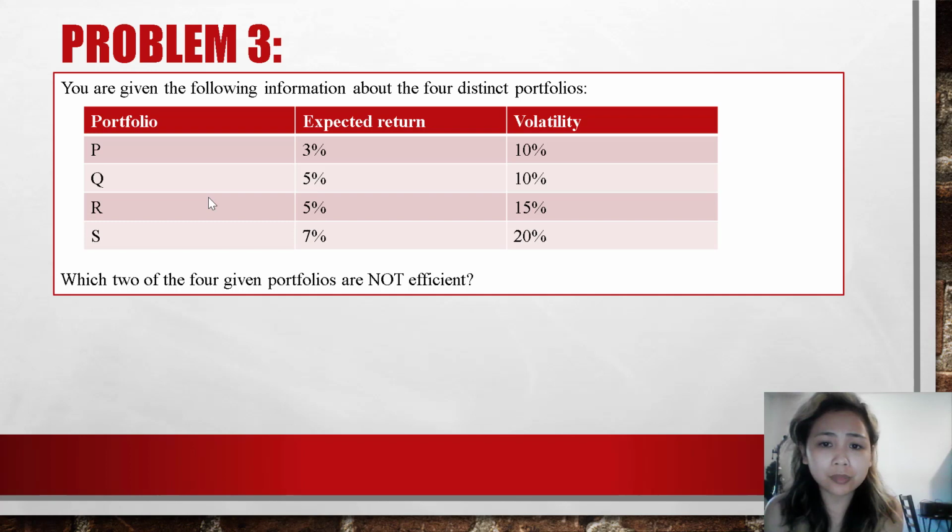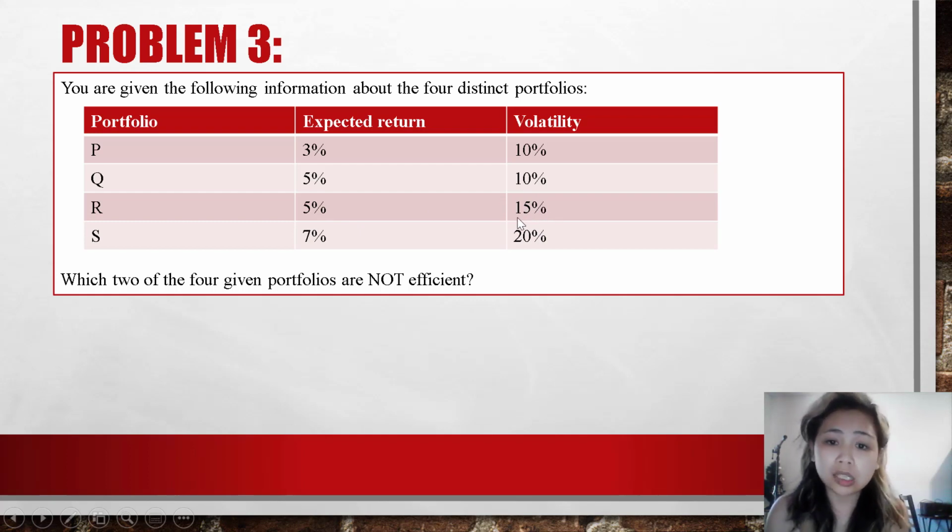Look for identical numbers first. We see 5% for Q and 5% for R, and 10% for P and 10% for Q. So we compare Q with R, and P with Q, and eliminate the worse choice. Q and R have the same expected return, but R has higher risk, with volatility of 15%.